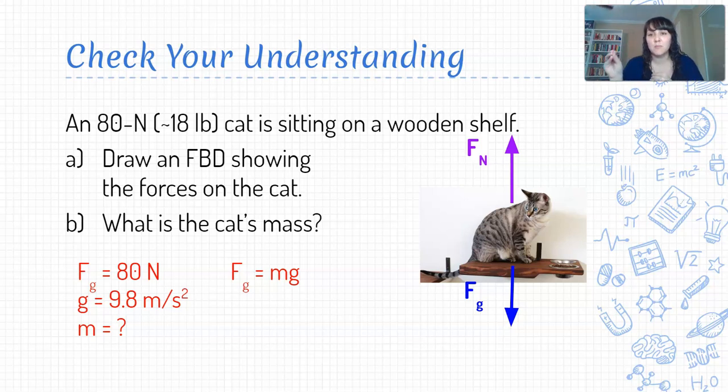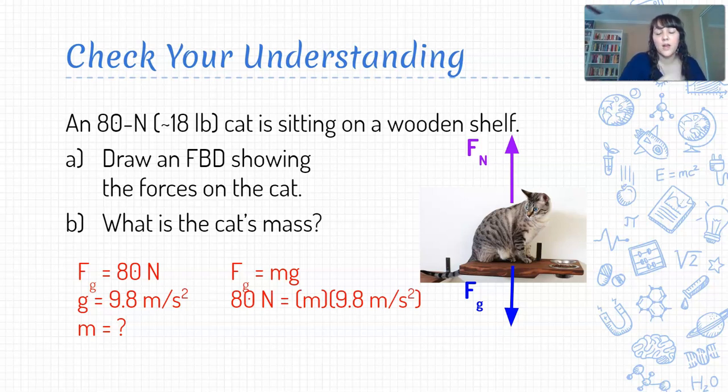Fg equals mg. Weight is equal to mass times gravitational acceleration. All right, so I plug in my values here for weight and for gravitational acceleration, divide both sides by 9.8 to isolate mass by itself, and I get ultimately that this cat has a mass of 8.16 kilograms.